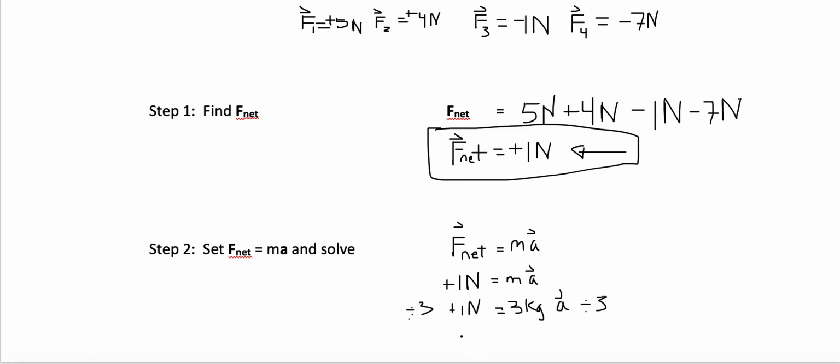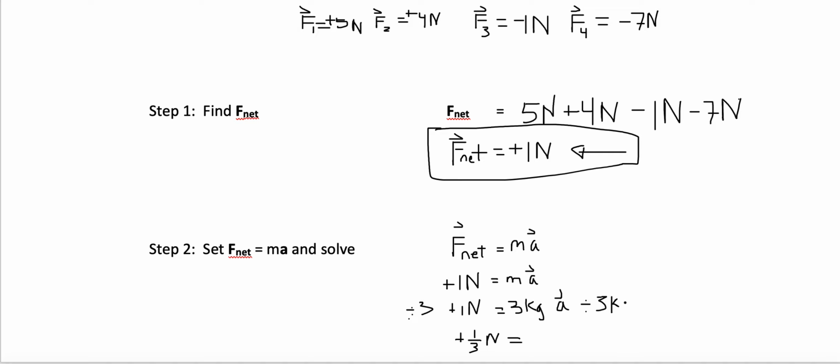So our answer on the left-hand side is going to be positive 1 divided by 3 newtons. And we have 3 kilograms and acceleration, so we should really divide by the units too.